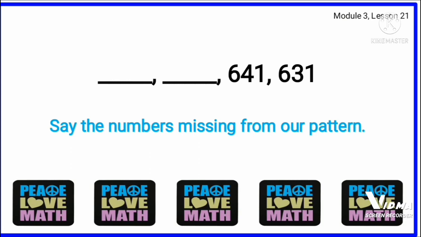So I can also say 10 more than 641 is 651. And the first one will be 661. If the first one is 661, 10 less than 661 is 651, and 10 less than 651 is 641. 10 less than 641 is 631. That is the pattern.